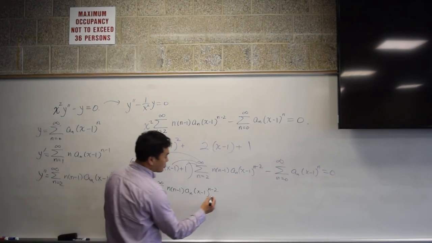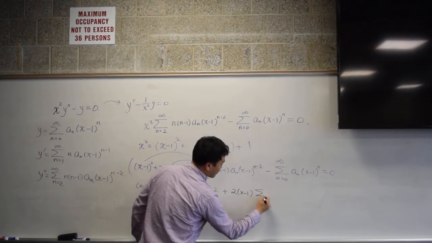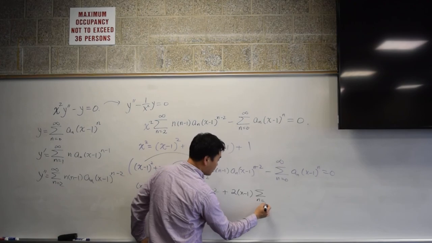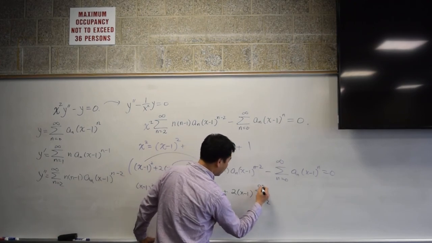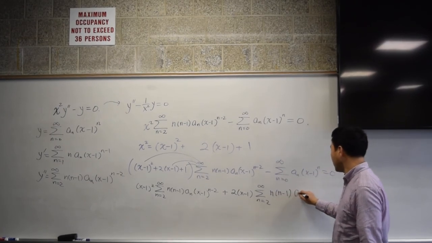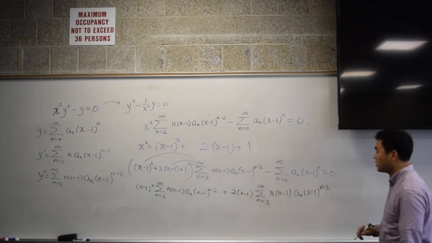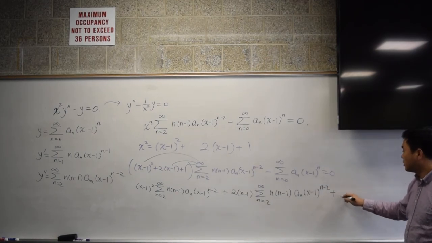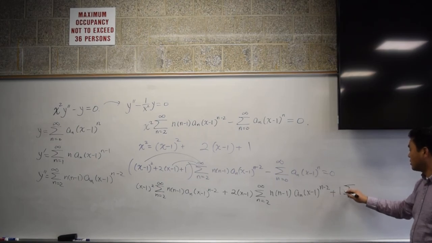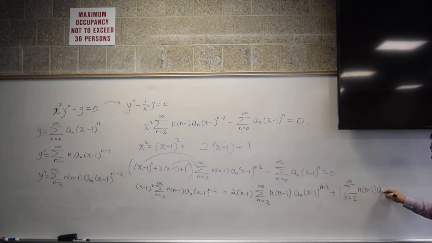The second one is 2 times x minus 1 multiplied to this sigma, which is equal to sigma n equals 2 to infinity of 2(n minus 1) a_n (x minus 1)^(n minus 1), plus 1 times sigma n equals 2 to infinity of n(n minus 1) a_n (x minus 1)^(n minus 2).